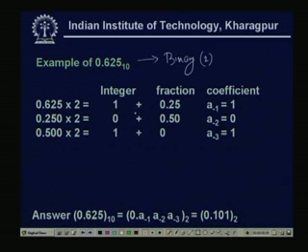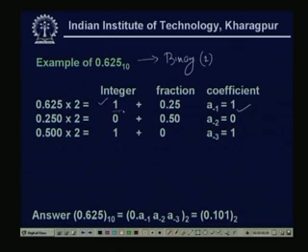If we multiply, we will get 1.25. See, this integer is 1 and the current fraction value is 0.25. So, this is the highest, that is why the a minus 1 coefficient, the position value is minus 1, and the coefficient value is 1.